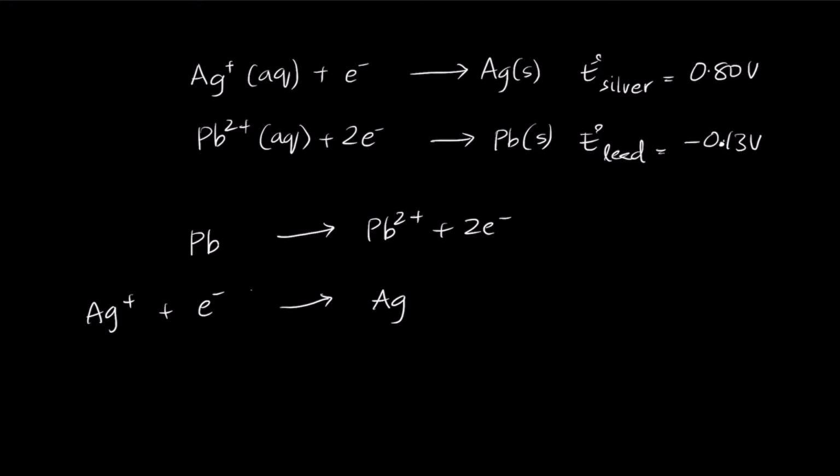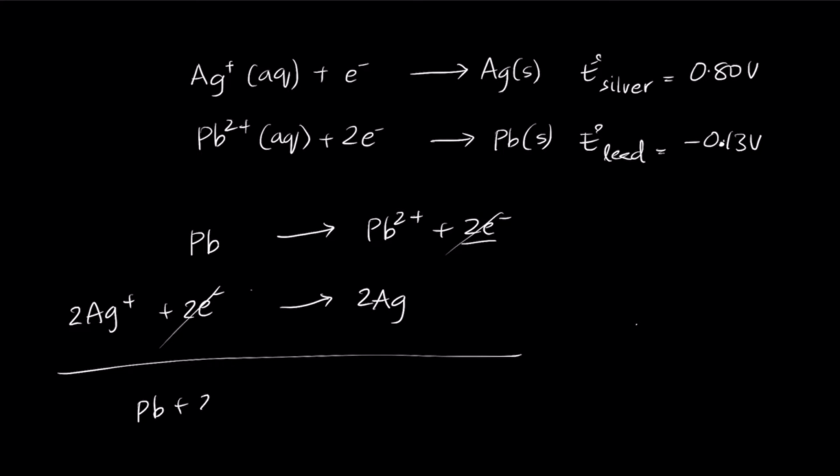Now notice that there are 2 electrons here and only 1 electron here, so multiply this by 2. That gives you a total of 2 electrons in the full reaction. The electrons cancel, which gives you Pb plus 2Ag+ gives you Pb2+ plus 2Ag. Now notice the number of moles of electrons is 2.